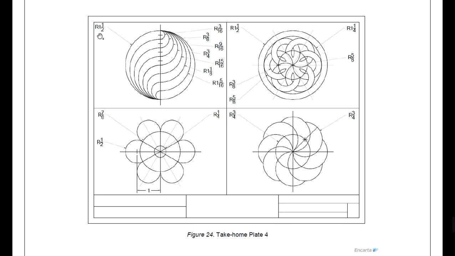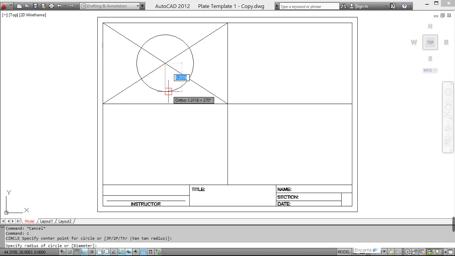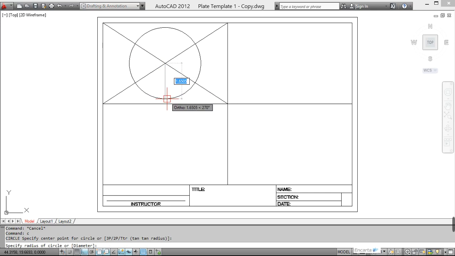So we have here R 1.5. So R means radius. Then 1.5 is in inches unit. So you use the inches unit. Okay. You need to draw first a circle with radius 1.5.